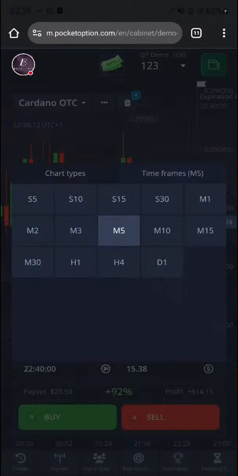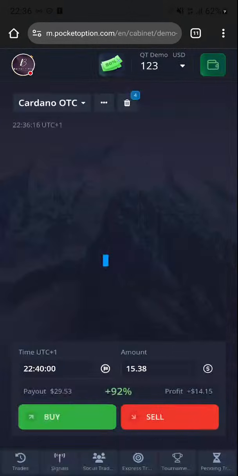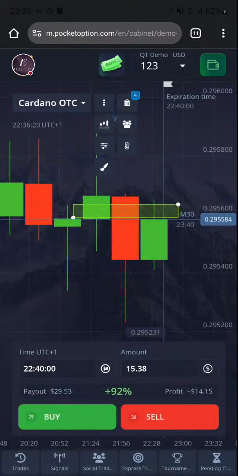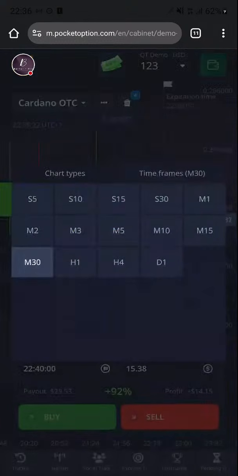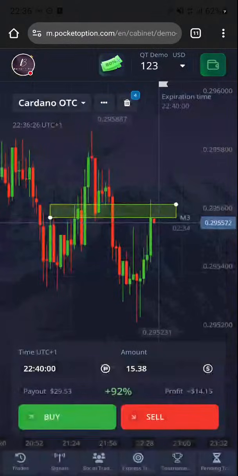So what do we do? We will check if we have an engulf. We'll confirm it. Okay, we have an engulf. Let's see. I was not expecting an engulf there.